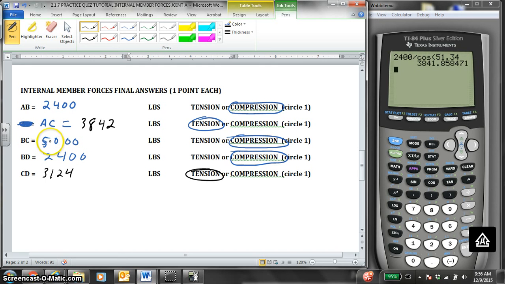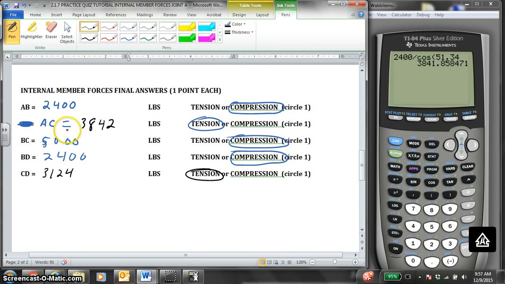CB is 5,000 pounds compression. I would watch the part 1 video for joint D and B. And then we also solved for AB, which is 2,400 pounds in compression.